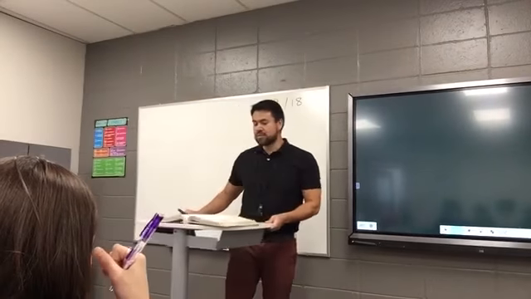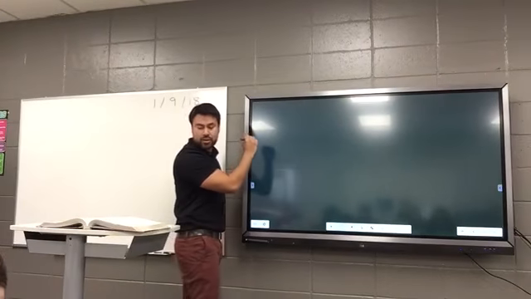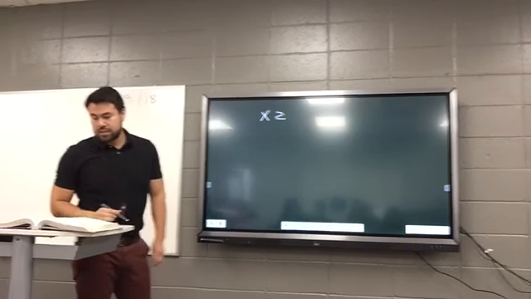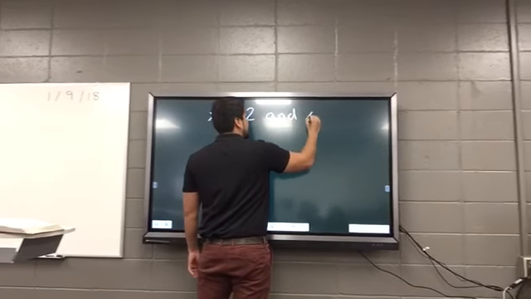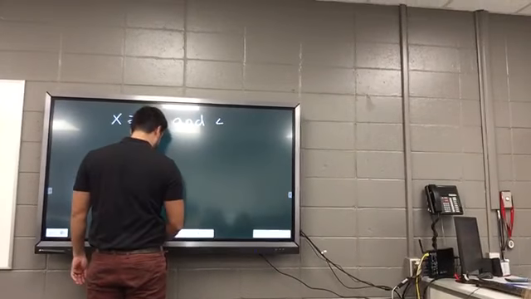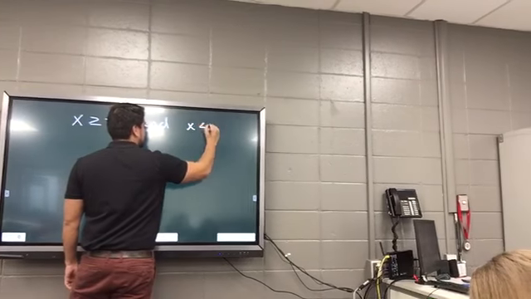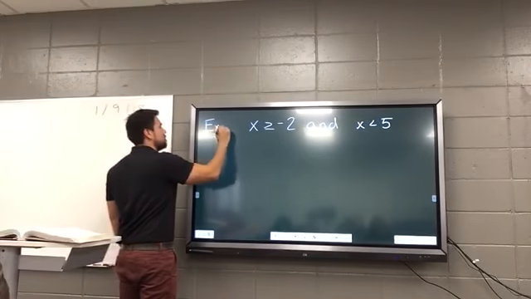It says graph the solution set of x is greater than or equal to negative 2 and x is less than 5. This is example 2.